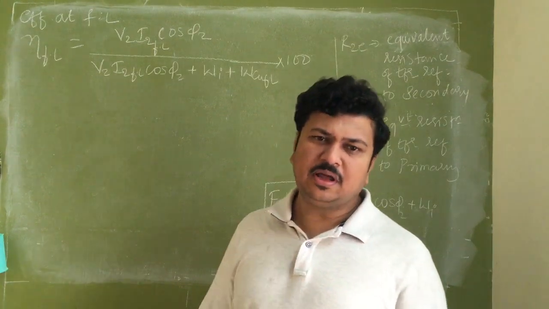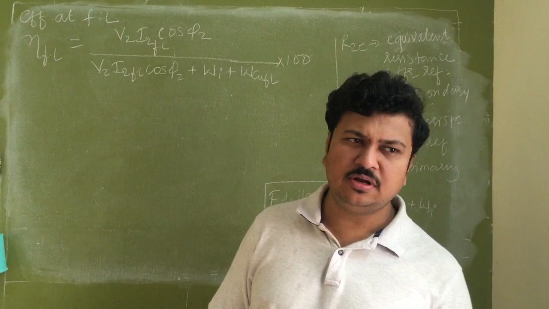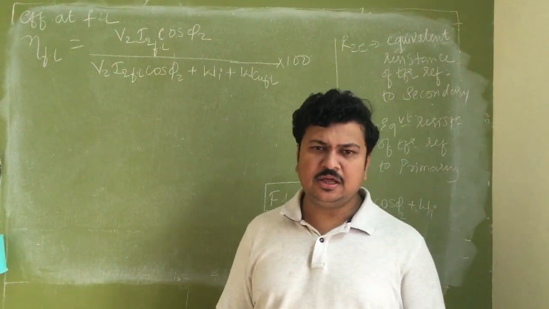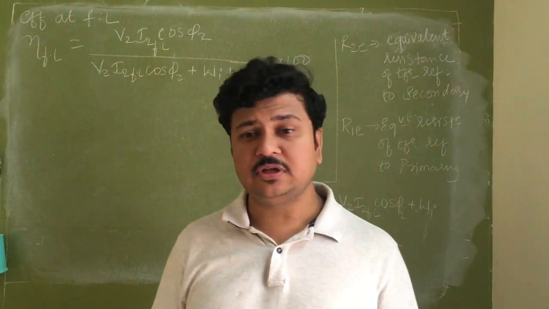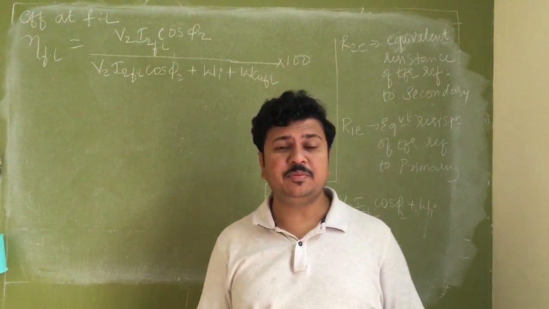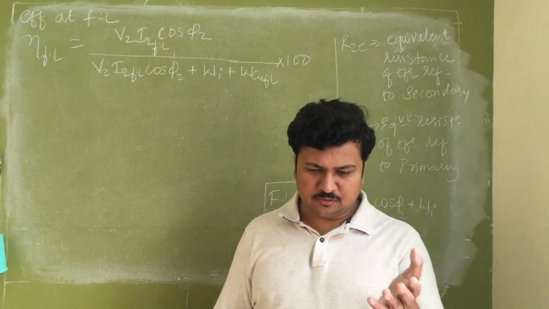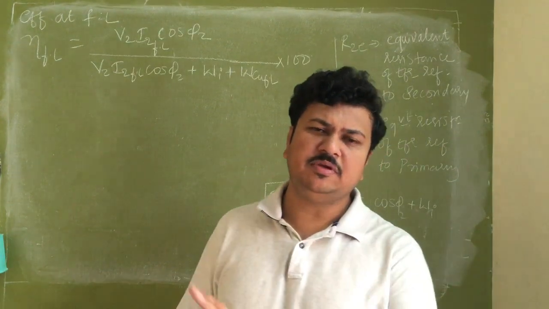Therefore, whenever I am installing the transformer, I will always install a transformer of overrating. Generally, I take at least 30 to 50%, minimum 50% of the overload condition. So suppose if today the load requirement is 200 kVA, I generally install 300 kVA.